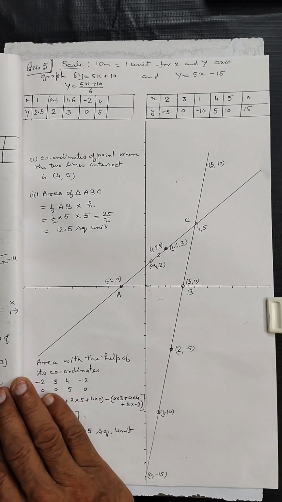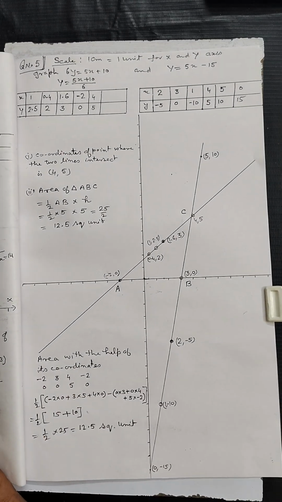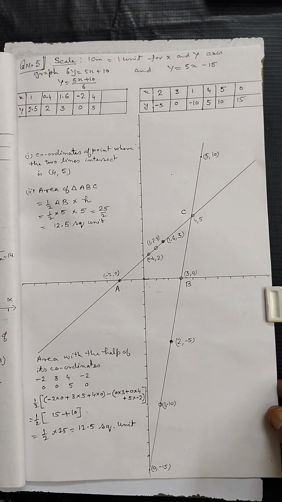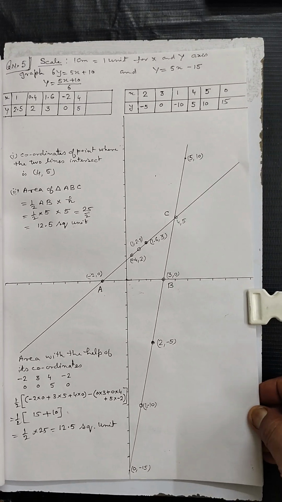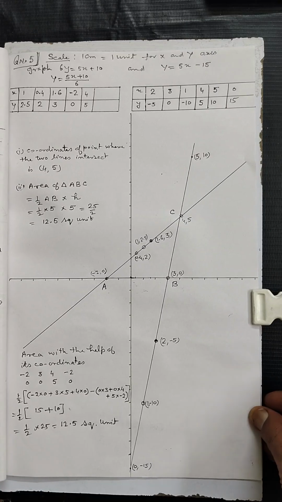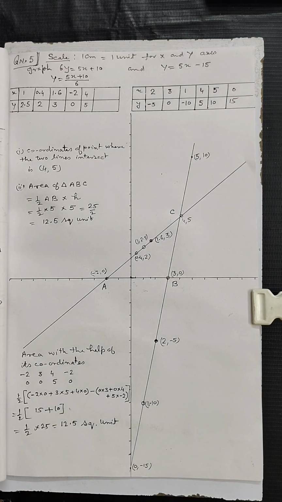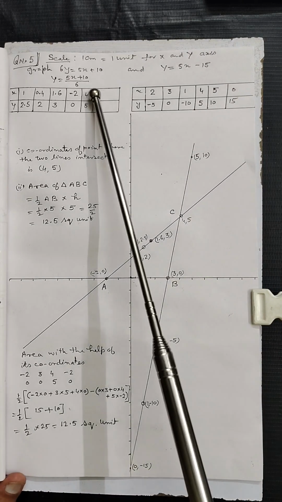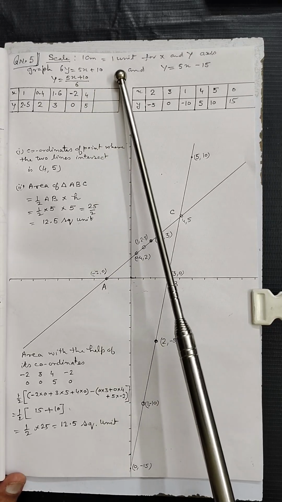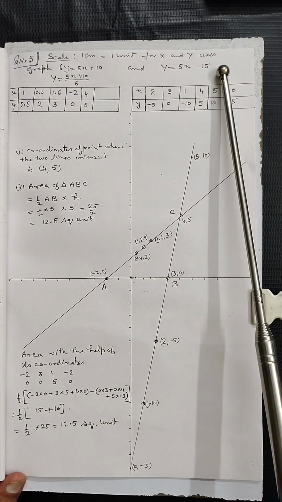Now come to question number 5. Here we have to take the scale, that is 1 centimeter is equal to 1 unit for both x and y axes.